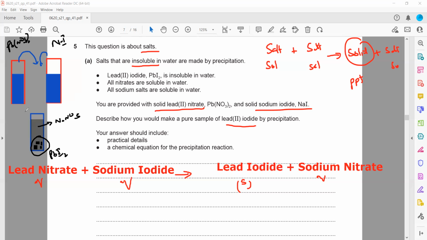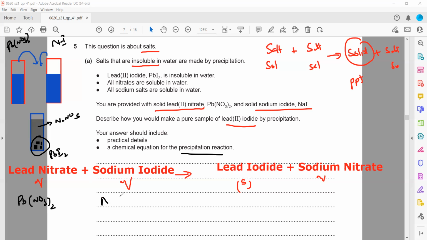Then what is the chemical equation for precipitation, or the ionic equation? Here, lead nitrate is reacting with sodium iodide. We can write both ways. We can write the full symbolic equation: the formula for lead nitrate is Pb(NO3)2.